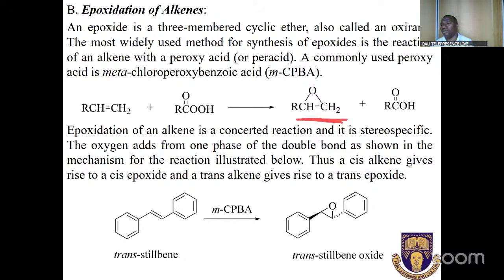Normally, an ether has an alkyl group, oxygen, another alkyl group. Well, in this case, it is cyclic, and so it is an alkyl group connected to oxygen connected to another alkyl group, but the two alkyl groups are also connected. So you have what is called a cyclic ether, and those are called epoxides.